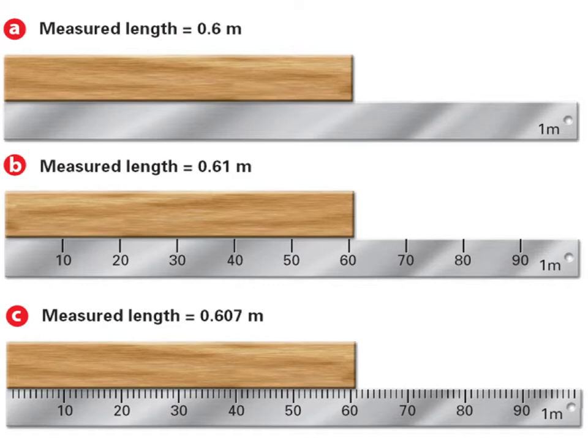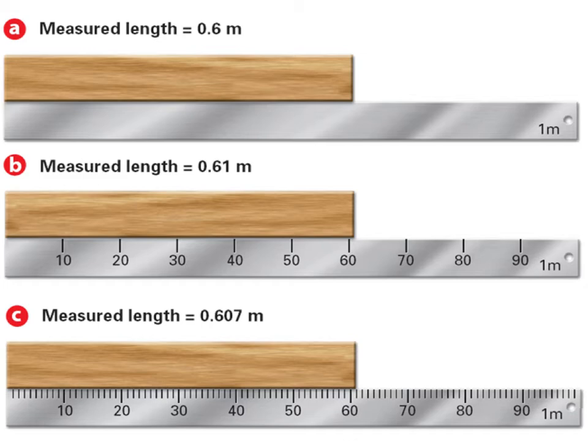Now, many students would look at that middle one and say, yeah, I say 60 centimeters and move on to my next measurement. How many of you would agree with that? Good, there's some people nodding their head. And honesty is important. But if you look very carefully and very closely, it does go past that 60. And that's where significant measurements come into play. How far past that? Well, we don't know. We can't see.